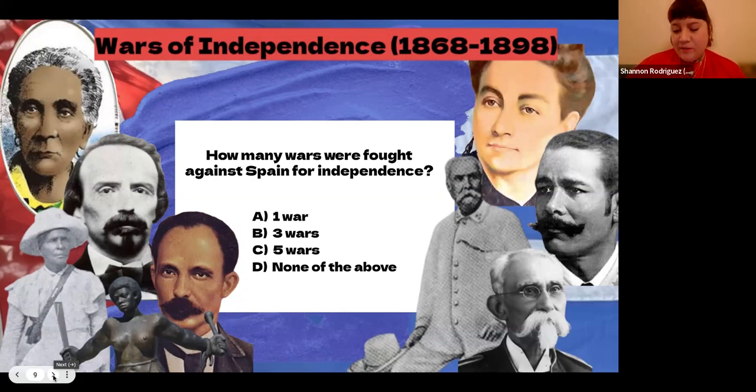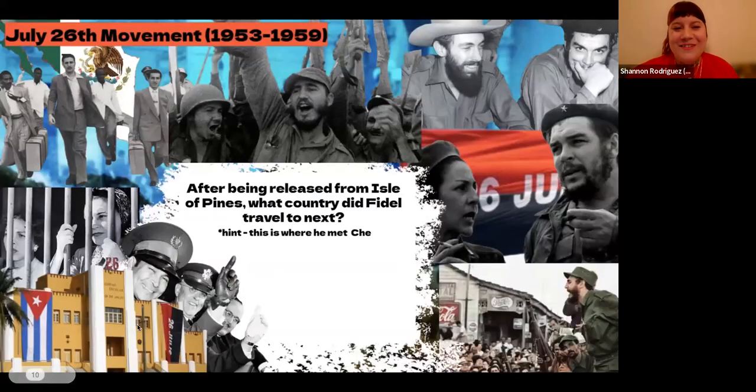And the last war against Spain was the Cuban War of Independence, fought from 1895 to 1898. Spain withdrew from Cuba in 1898. For about 3.5 years, the US military ruled. Cuba gained its independence fully in 1902. Let's move on to the next.